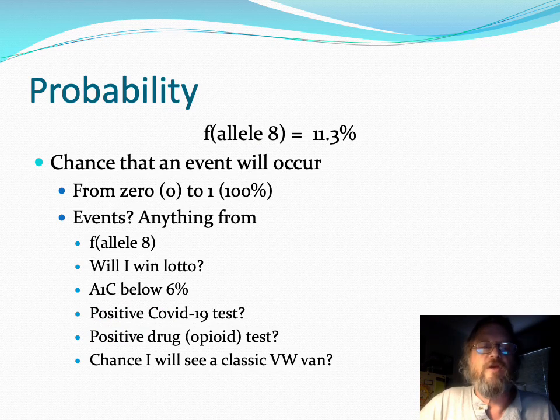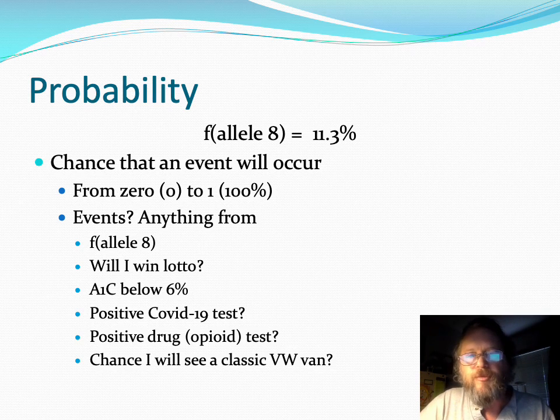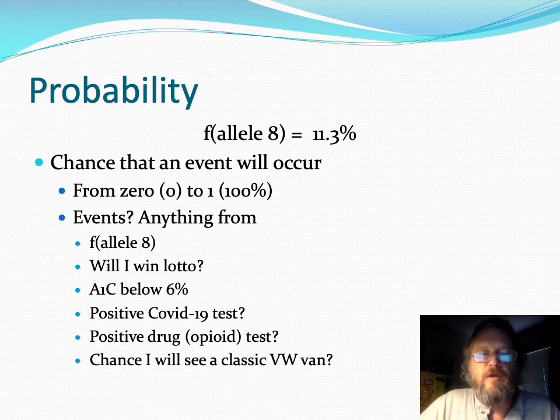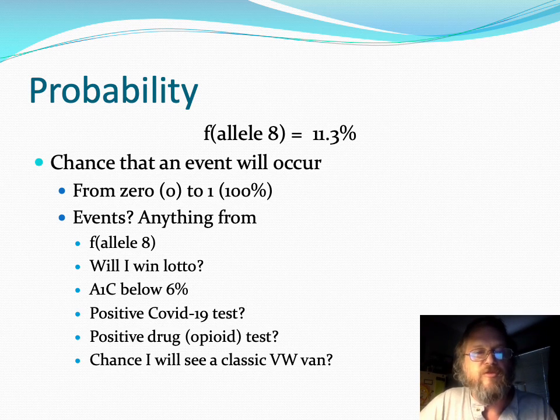So we're going to take you through a discussion about probability. As our example, the allele frequency for the 8th allele of the D13S317 STR is 11.3% in that sample in box 11.1.